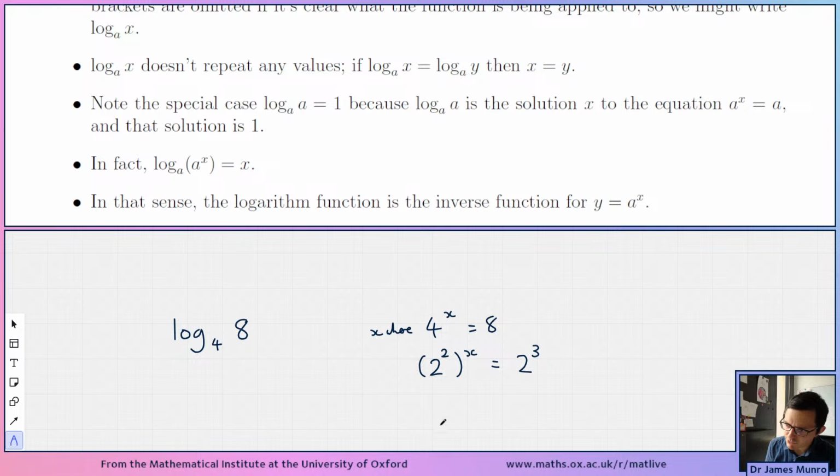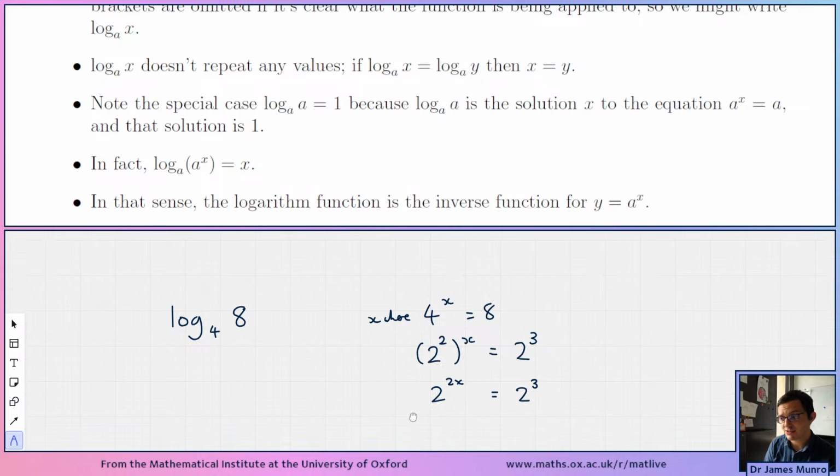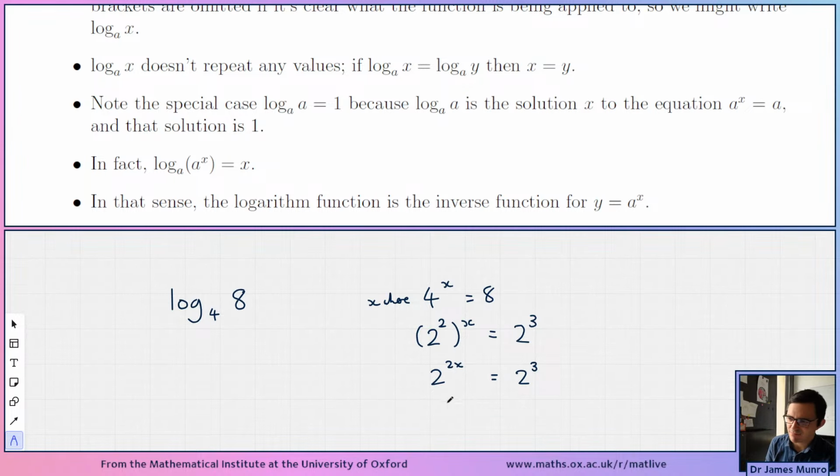And then power rule, so it's 2 to the 2x is 2 to the 3. And then I suppose this is a logarithm rule to take log base 2 of both sides. But really I'm just comparing the powers to say that 2 to the 2x is 2 to the 3, so x is 3 over 2.